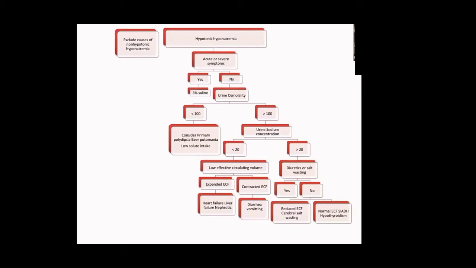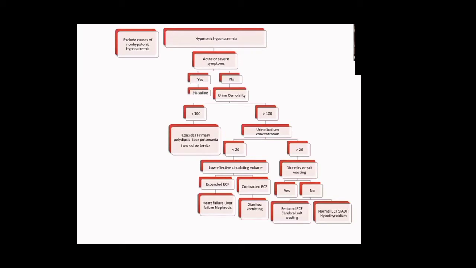Then I measure the urinary sodium concentration. If the urinary sodium concentration is low, I am happy. I know there is a low effective circulating volume, it could be apparent or effective, so it could be hypovolemic or hypervolemic. It is not euvolemic. Then I see the IVC status. If it's expanded ECF, the IVC is distended, and the patient is having ascites, I know it is CLD.